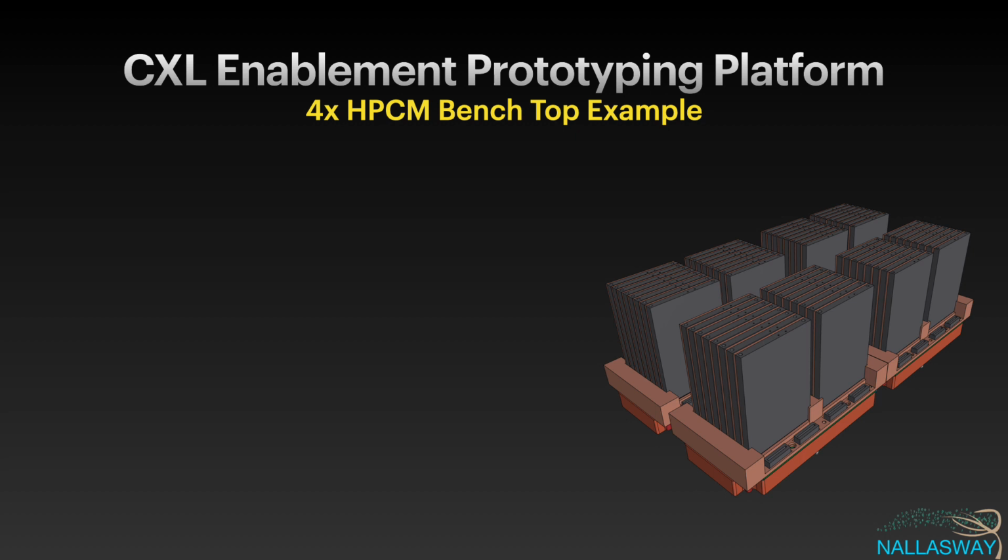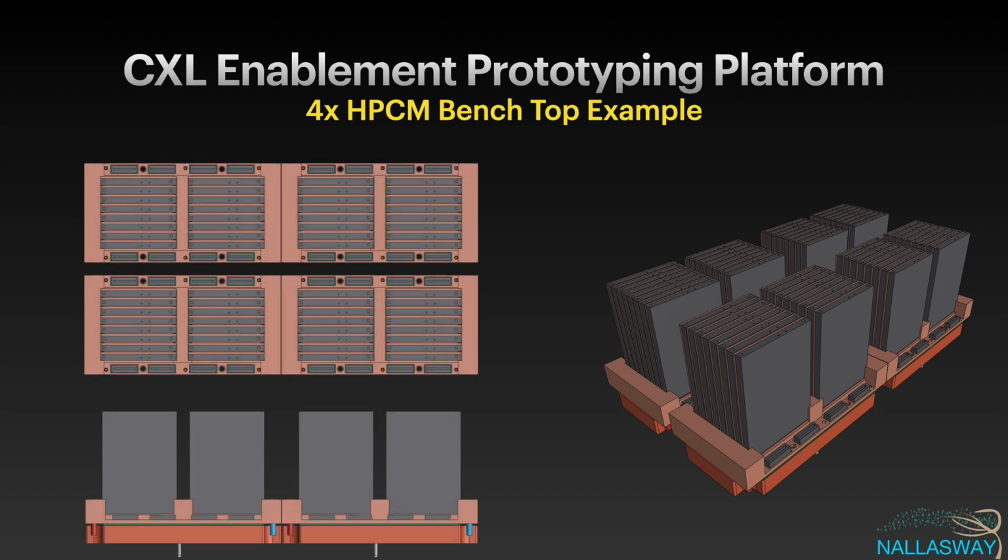So from a CXL enablement prototyping platform perspective, I've shown this little 4 high-performance compute module benchtop example. You see 4 modules there on the right, populated with a total of 64 E3.S media modules. If we look at that from a top-down and a side view, we can begin to map some examples.